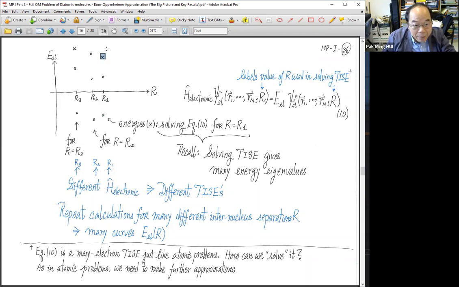There can be many more up there. So now guys, do you understand what I'm trying to display here? Given R1, it is a problem. There can be many eigenvalues for the electrons. Here I try to dot out these values. But we are not done yet.